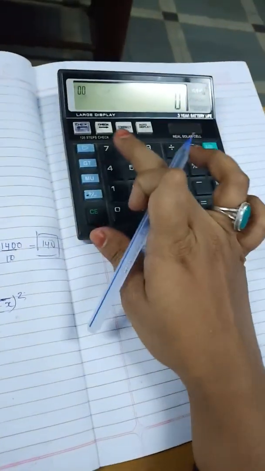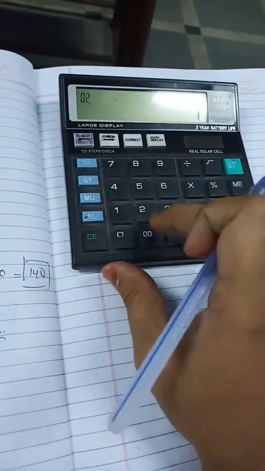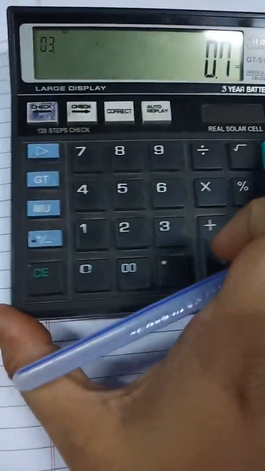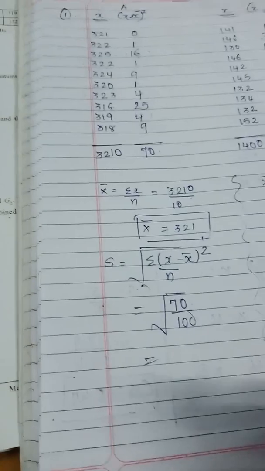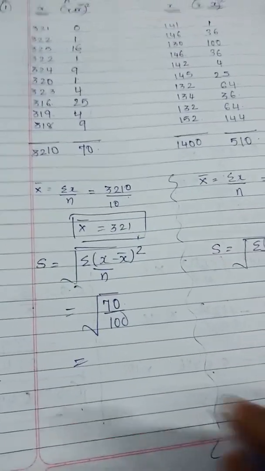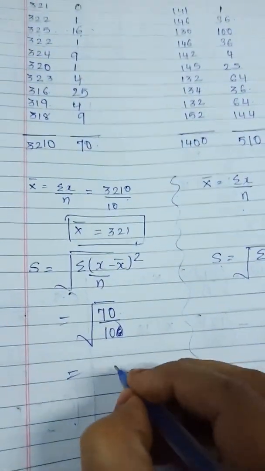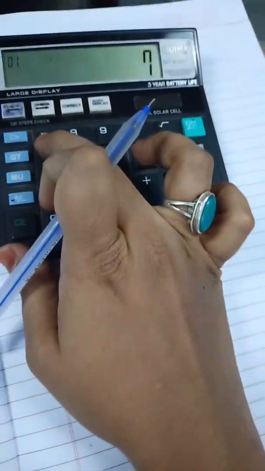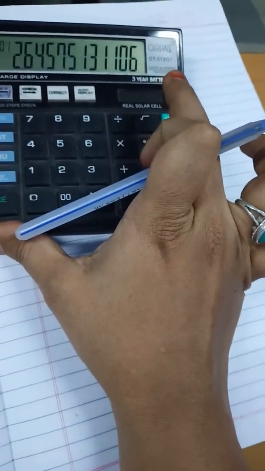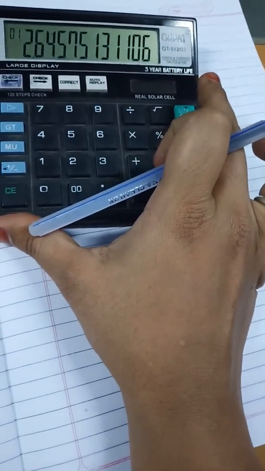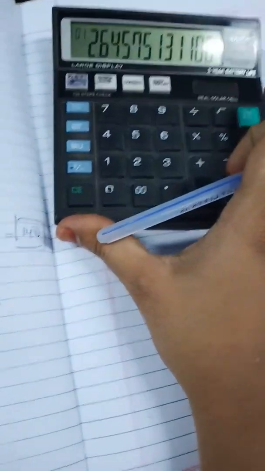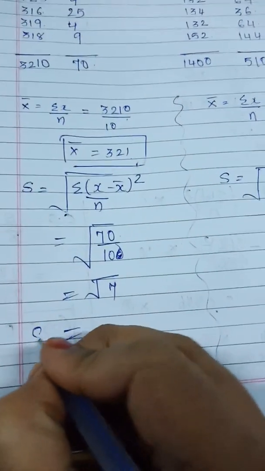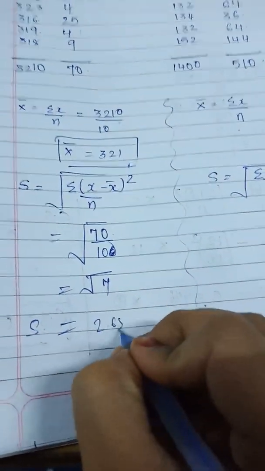So 70 divided by 10 is 7 only. So square root of 7, that is 2.645. So we will make it 2.65. So standard deviation is 2.65.